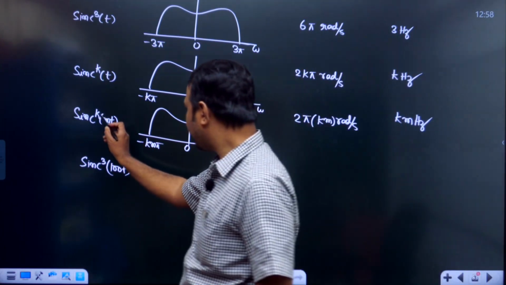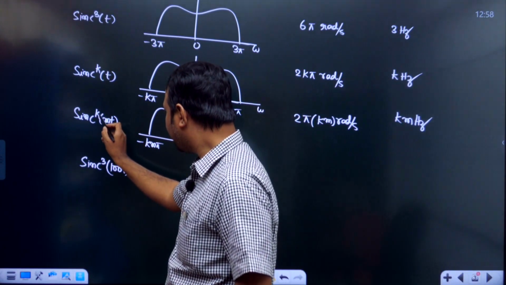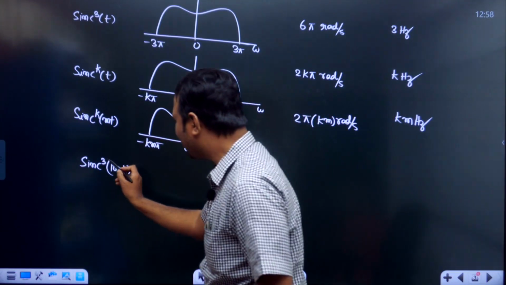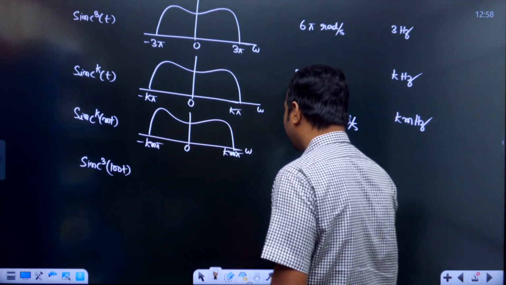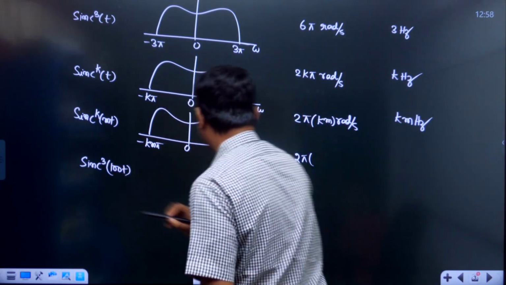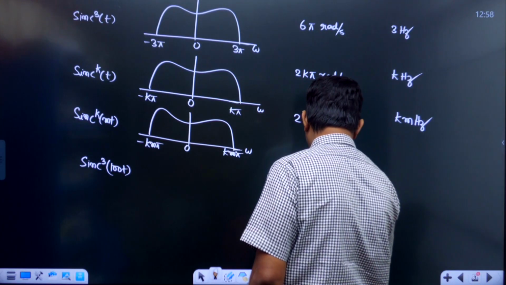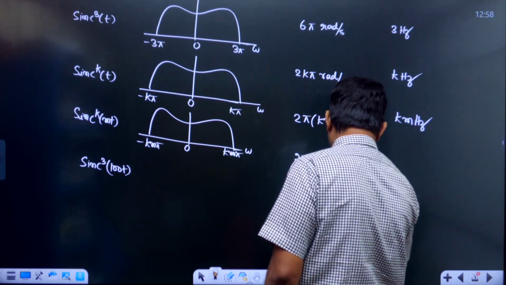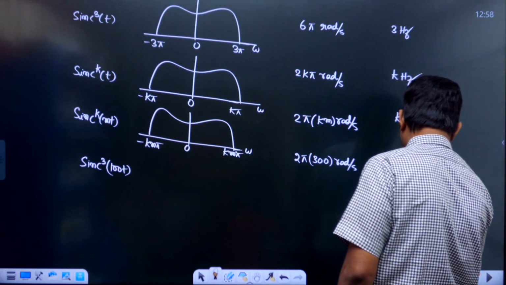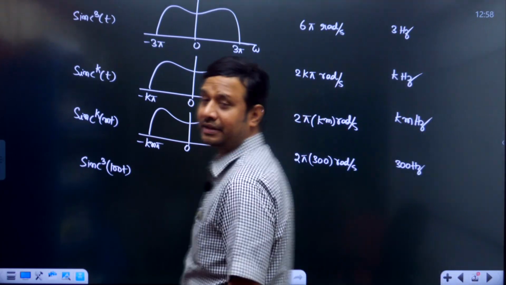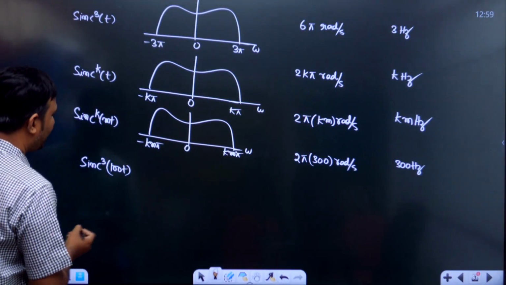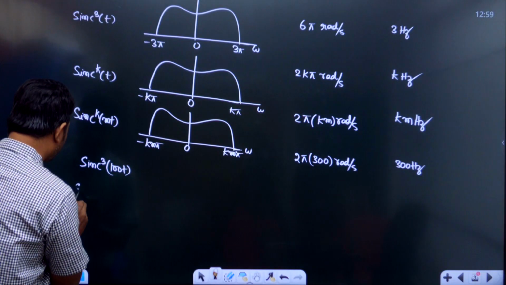See, for sinc power k of mt, the Nyquist rate is 2 pi into km. So for sinc cube of 100t, directly you can write 2 pi multiplied with 300. So 600 pi radians per second, or it is simply 300 hertz.